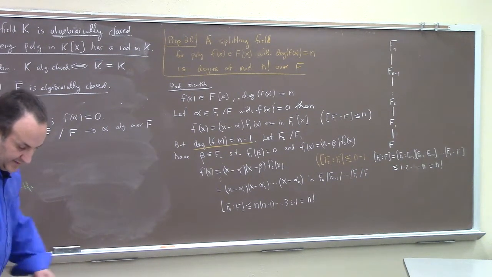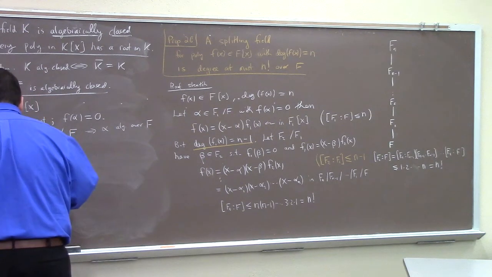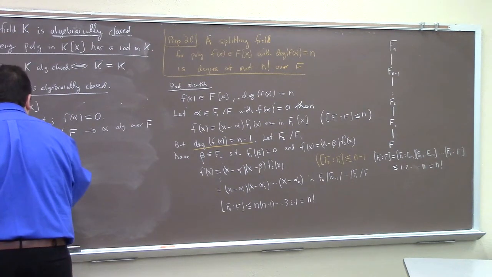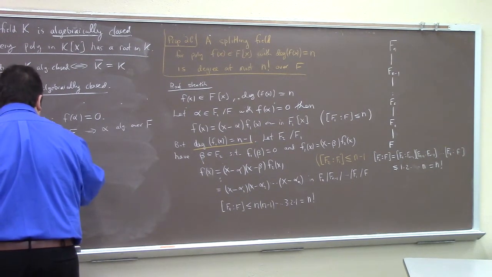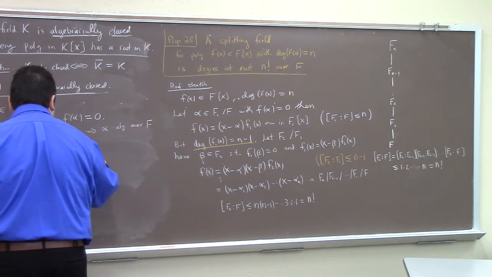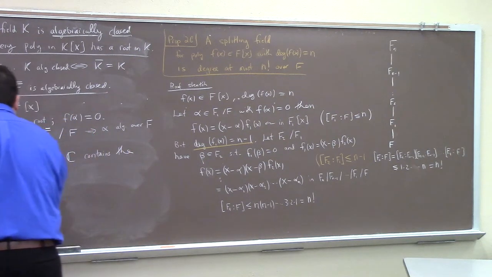Corollary 32 says the field of complex numbers contains the algebraic closure for any of its subfields.